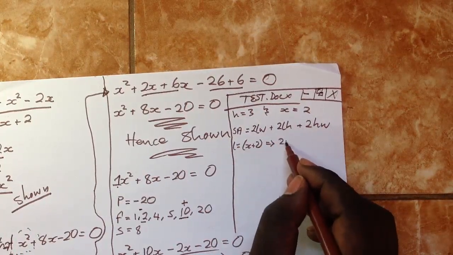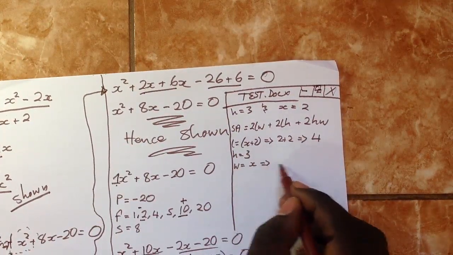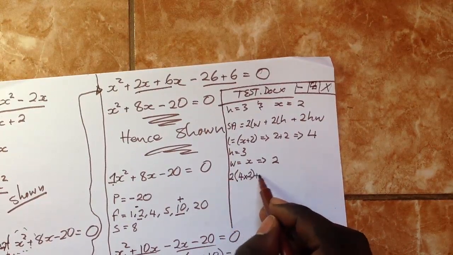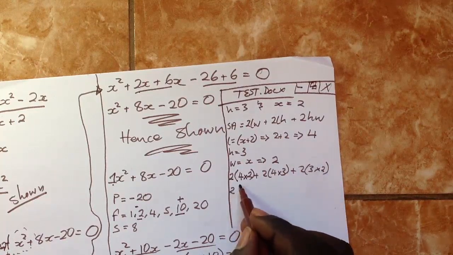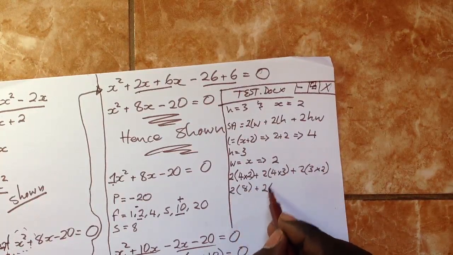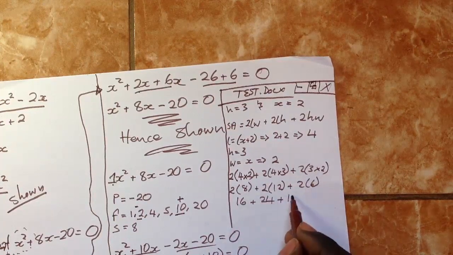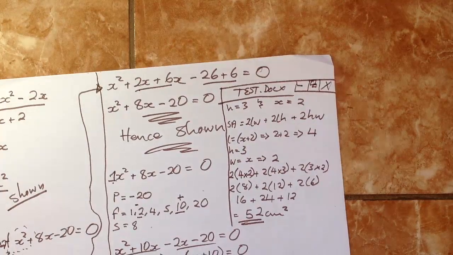So this gives us the length as 4, the height is 3, and the width, which is just x, will give us 2. So this becomes 2 times (4 times 2) plus 2 times (4 times 3) plus 2 times (3 times 2). So that becomes 2 times 8 plus 2 times 12 plus 2 times 6. 16 plus 24 plus 12, which then gives us 52 square centimeters, hence shown.